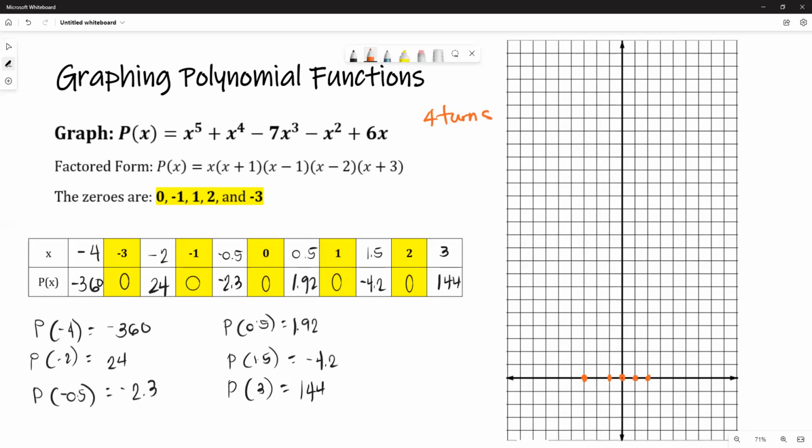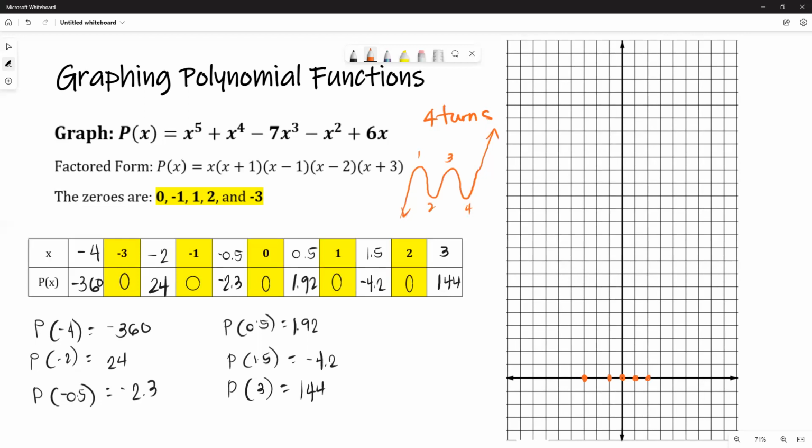Since our leading term is positive, expect that the movement will be like this. First turn, second turn, third turn, fourth turn, and it moves continuously. So that will be 1, 2, 3, and 4 turns.